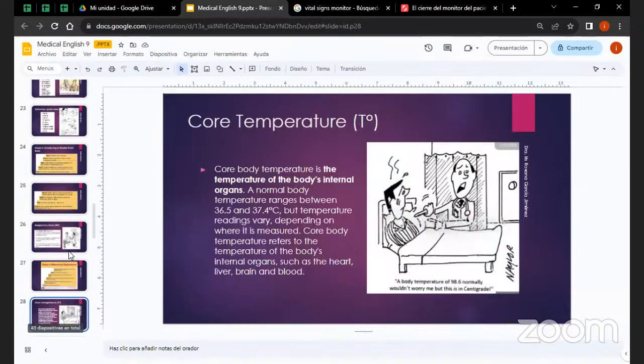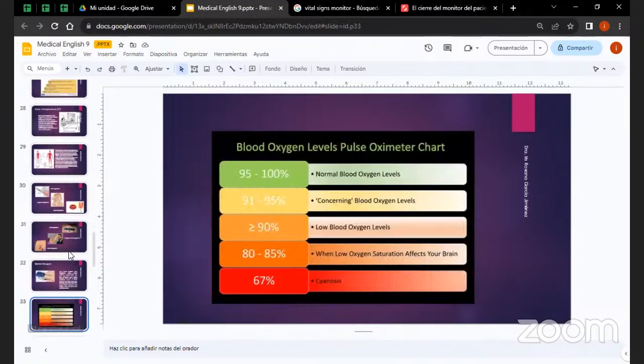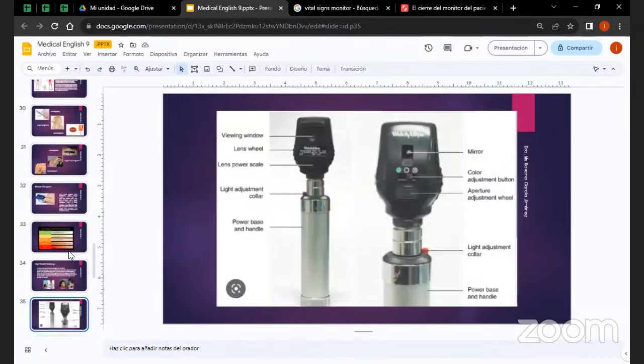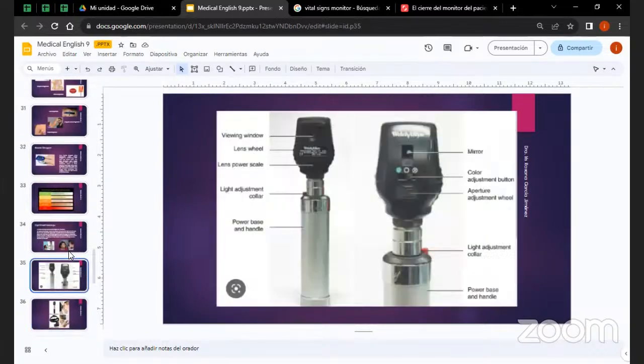Yes, we are going to use this device, according to your university, in 4th or 5th year. But this is just for information at this point because, here in Bolivia, I tell you by experience, here in La Paz, I worked in lots of hospitals, and it's not a common device to find in the services.